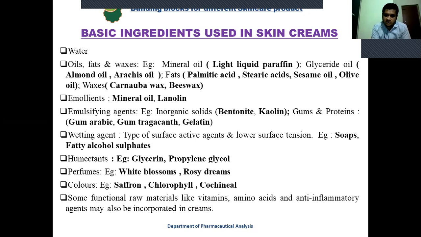Okay, so between X and water, if we add a third substance, wetting agents like different soaps or fatty alcohol sulfates, those wetting agents will improve the wettability of that X. How? By lowering the surface tension between water and that particular hydrophobic substance.